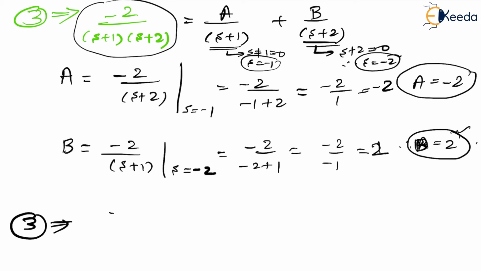I can do that, because a plus b is the same as b plus a. How does that matter? So let me just take it as 2 upon s plus 2 minus 2 upon s plus 1. Is that correct? Yes, no problem.